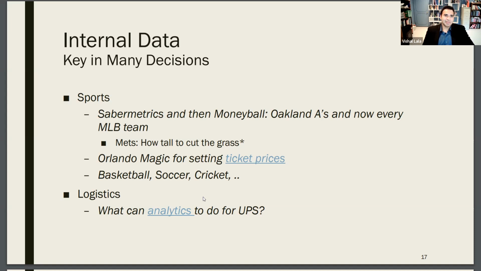Every time a player is batting, you have data about, again, how many outs they have and so on. This data can be used by the company or the sporting team to make investments of which player to bet on, which not to bet on. The Oakland A's very smartly made some really good trades, which vaulted them from having a losing season to making the playoffs. And that was what the movie Moneyball was all about.